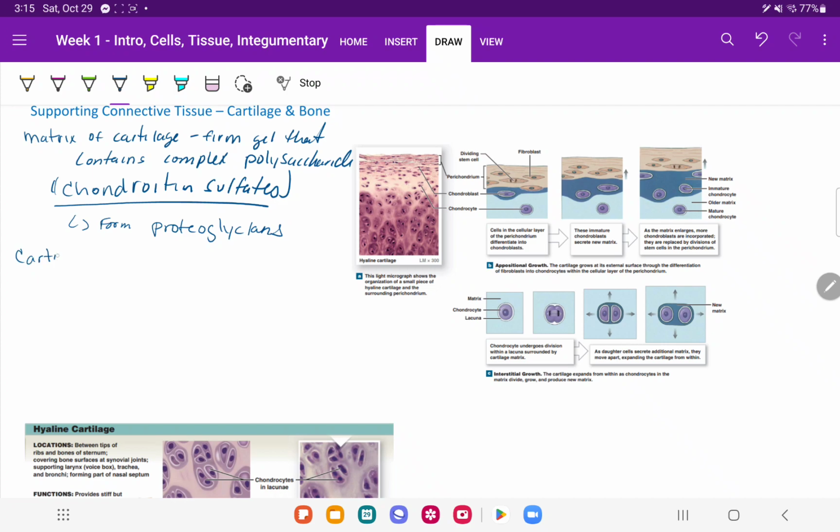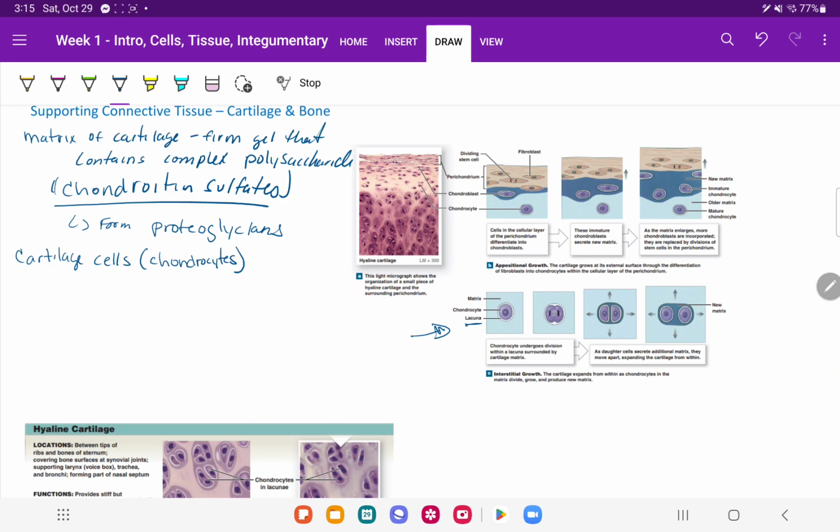Cartilage cells are called chondrocytes, and these are the only cells within the cartilage matrix. If we look at this image, where I'm pointing, the chondrocytes live in small chambers known as lacunae.